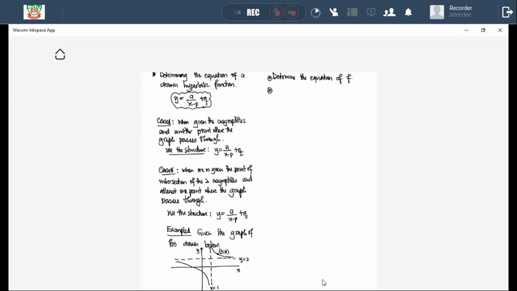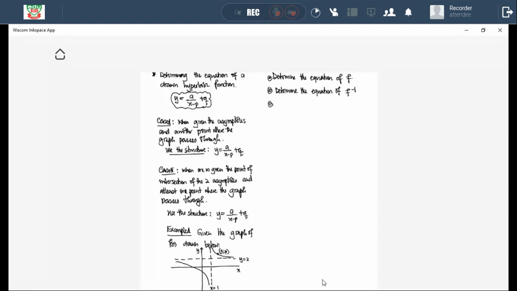The second question says determine the equation of f inverse. We did the inverse of a function.